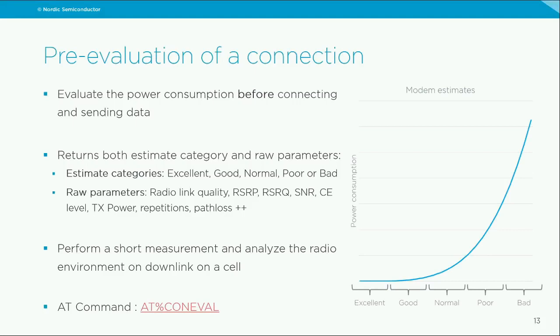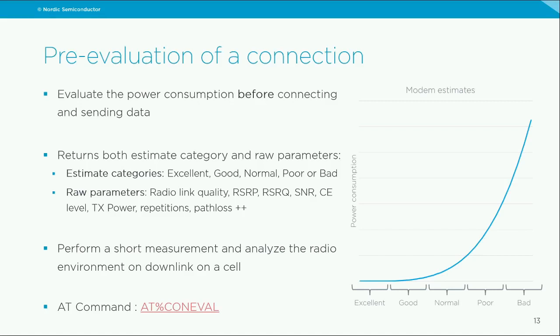If you are in bad conditions, it will mean that you will use a lot of current sending data. You can also assume that you get some repetitions, maybe some packet loss, and therefore you can choose to only send data when you are in excellent, good, and for example normal conditions.